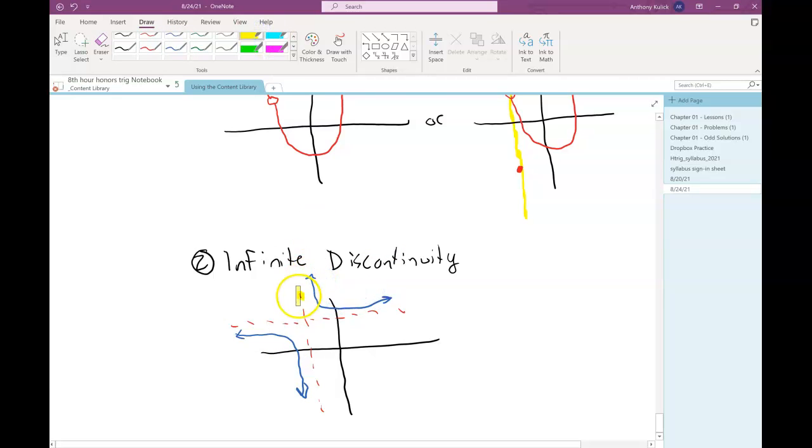Your infinite discontinuity is just like a vertical asymptote. Now, not all vertical asymptotes are infinite discontinuities, but every infinite discontinuity is a vertical asymptote. Can anybody think of an example of a vertical asymptote that is not an infinite discontinuity?